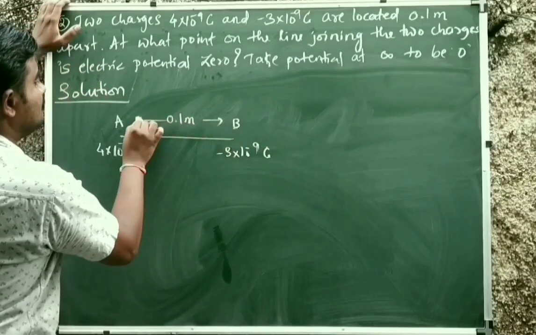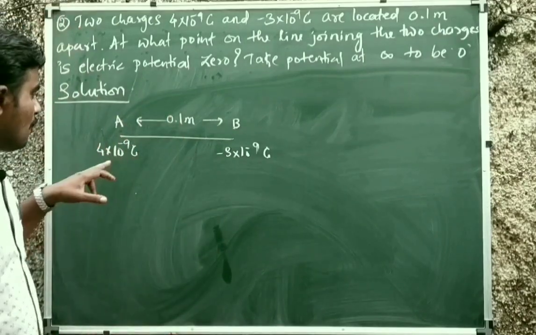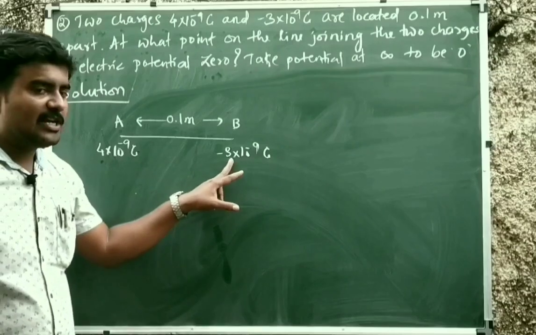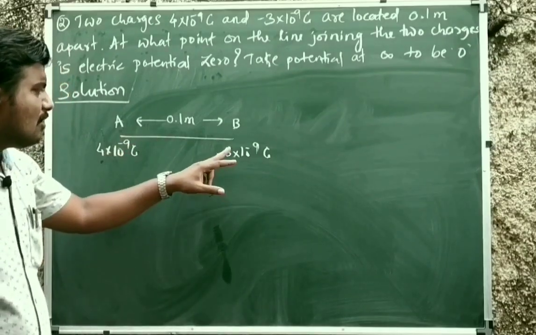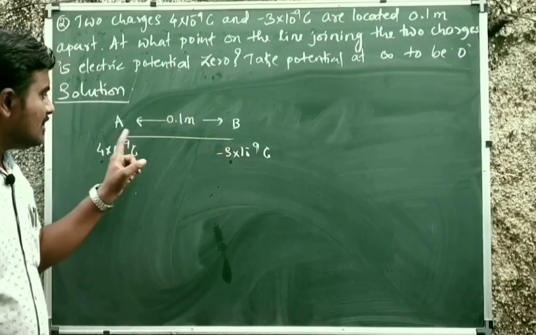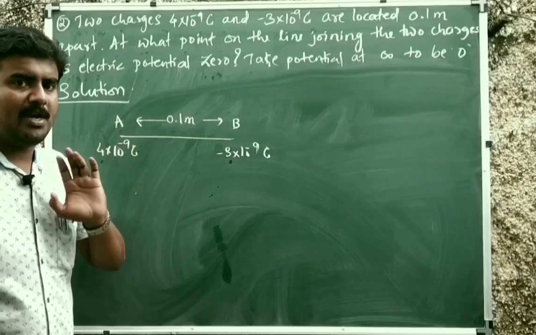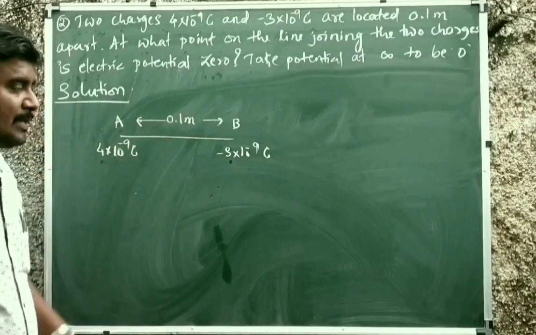Please remember, my dear students, one charge is positive, another charge is negative. Therefore, the net electric potential somewhere in between is going to be 0, and that point we are supposed to calculate in this numerical.